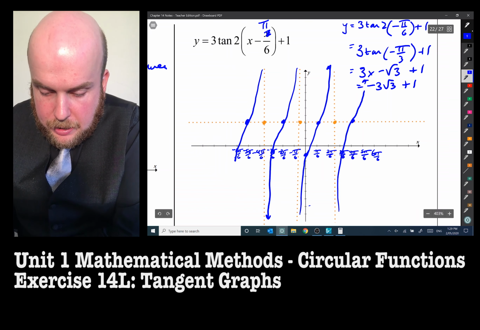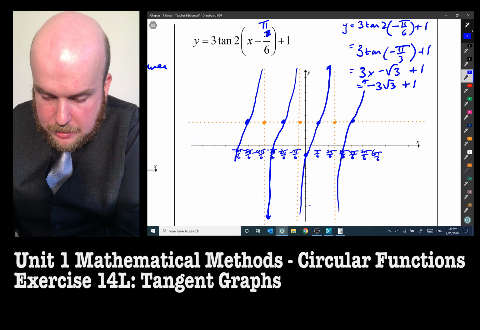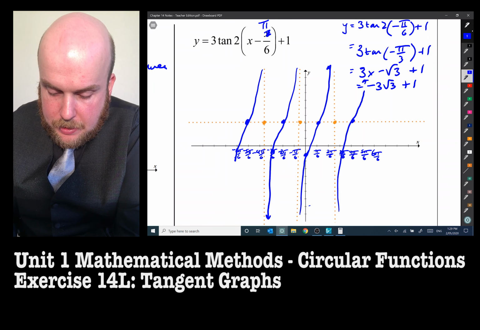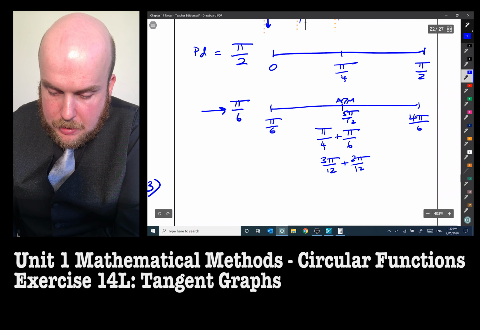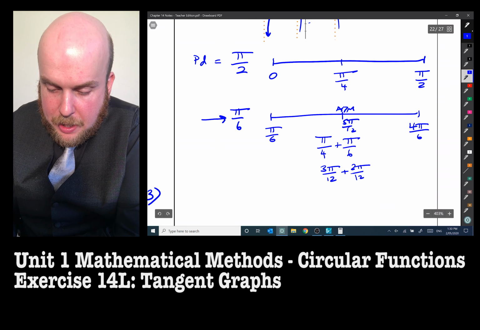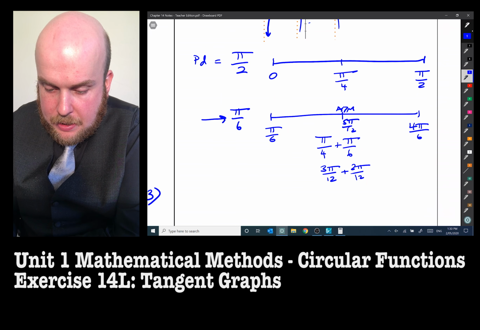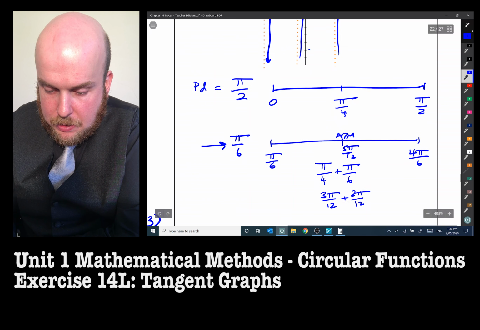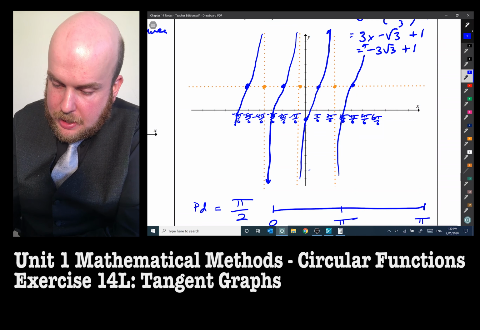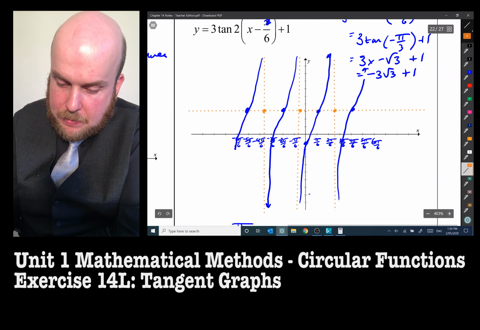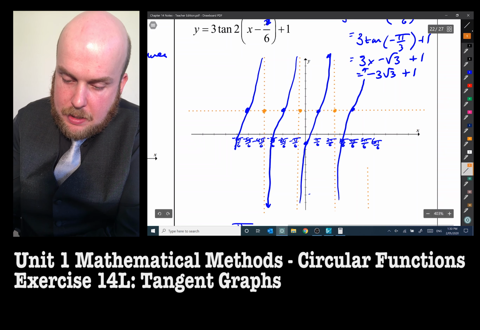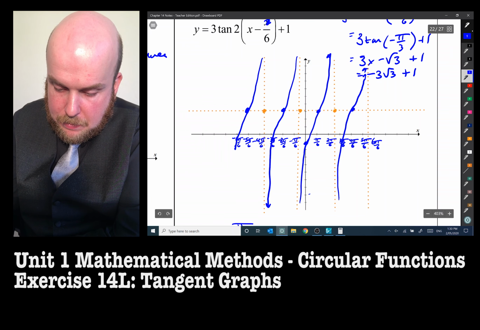I feel like there should be another asymptote over here. So 5 pi on 12 plus another 6 pi on 12 is 11 pi on 12. So yeah, there is another asymptote in between here. There we go. 11 pi on 12, and then we would go and end to there.